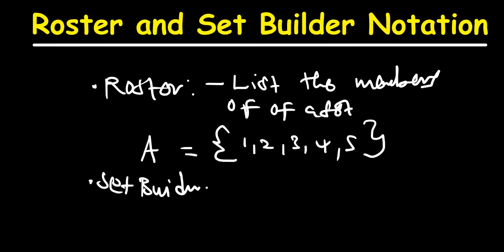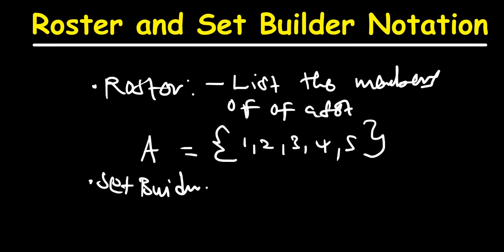For you to understand what a set builder notation is, you can say it's simply a method that lists the rules that determine whether an object or an element is part of the set rather than the actual element. So in this set builder notation, we are going to be describing a rule that will determine the elements that will be in that set.